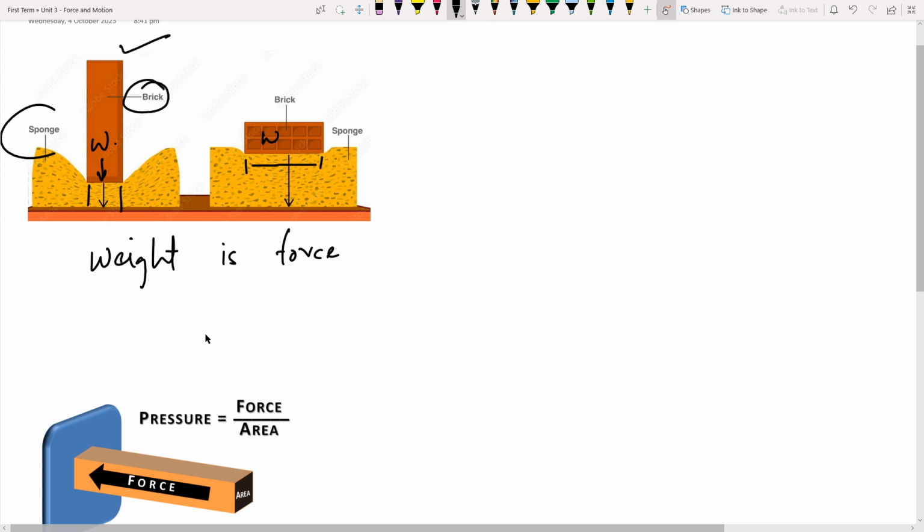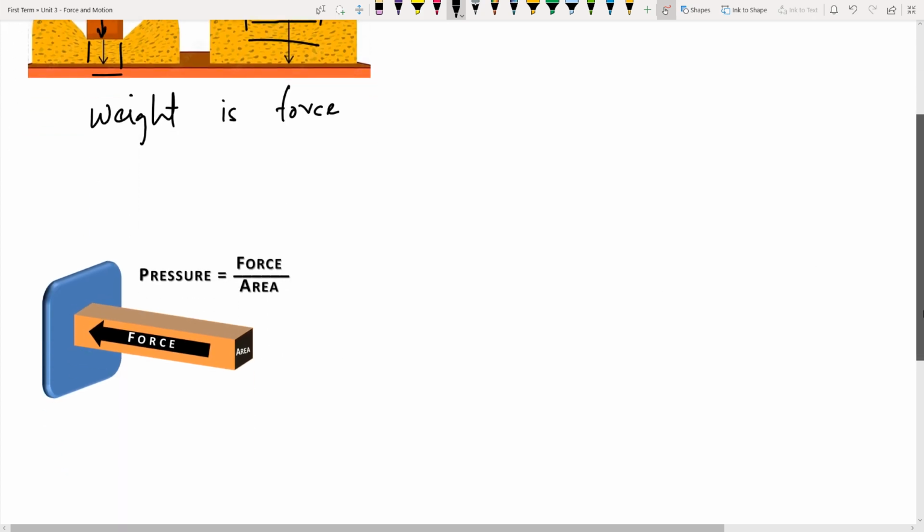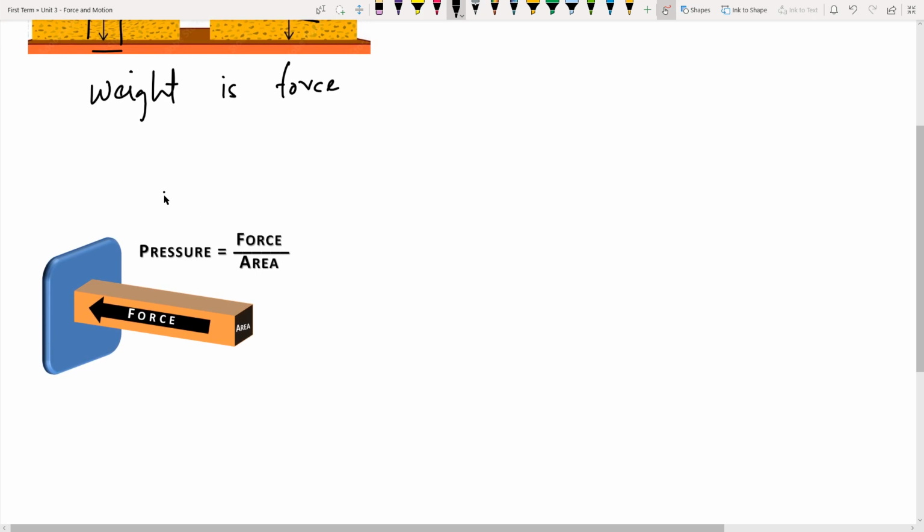Looking at this wider area and this smaller area, we can say that pressure of a solid depends on two things. Number one, force, or what we say as weight in this case, and the area upon which it is acting.